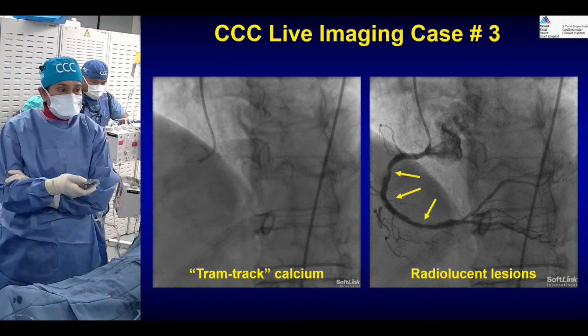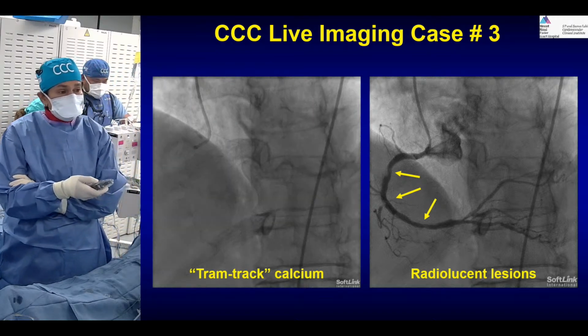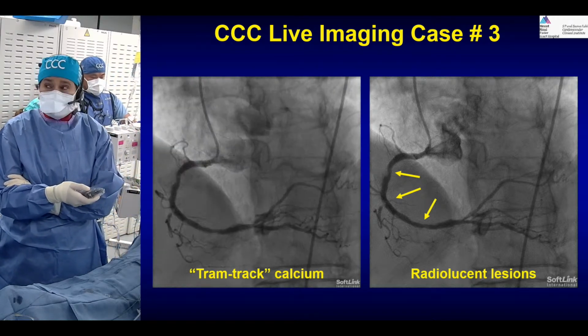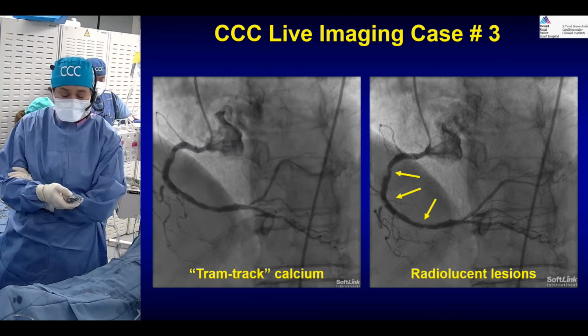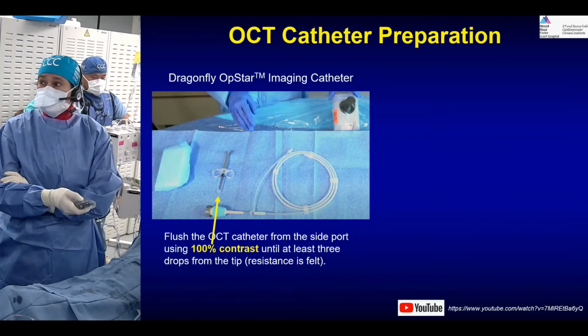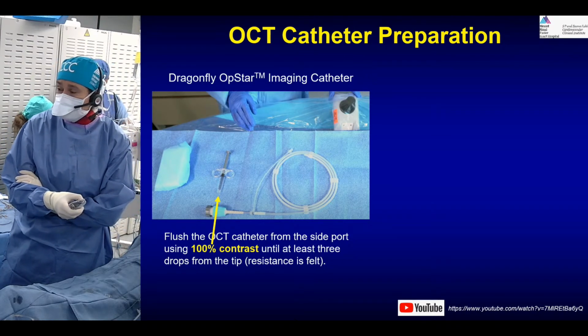But now since we have imaging, we are becoming more alert with that. So I think just with angiography, with that kind of filling defect, we predict that we will see a nodule when we do OCT. So just going to how to prep OCT.